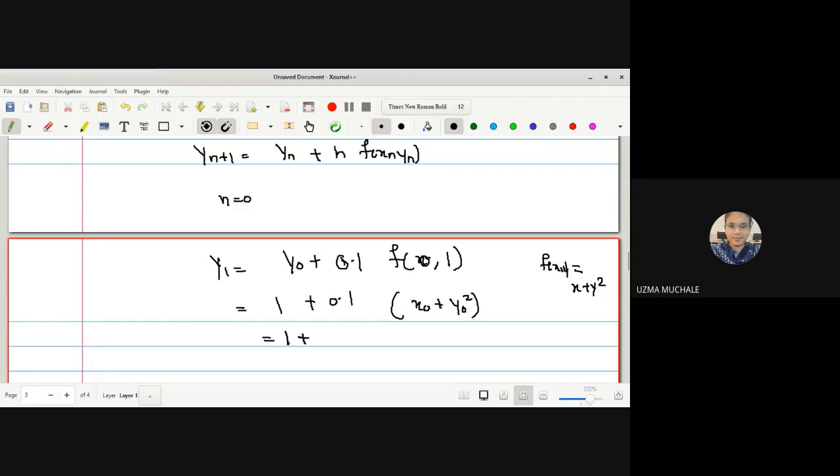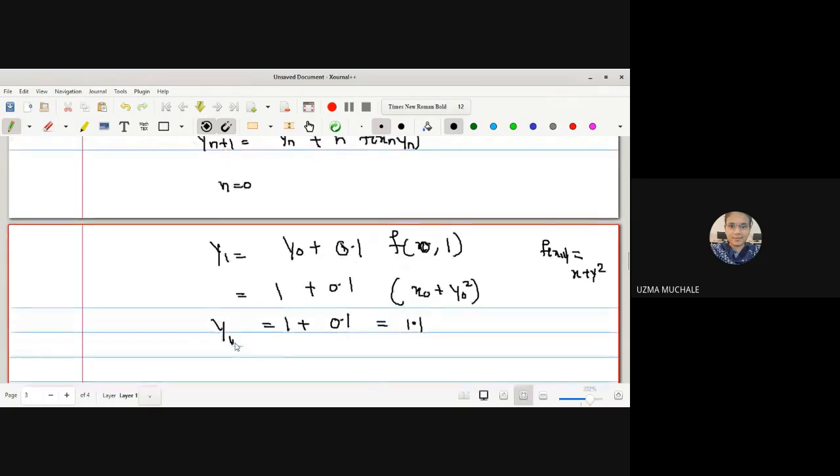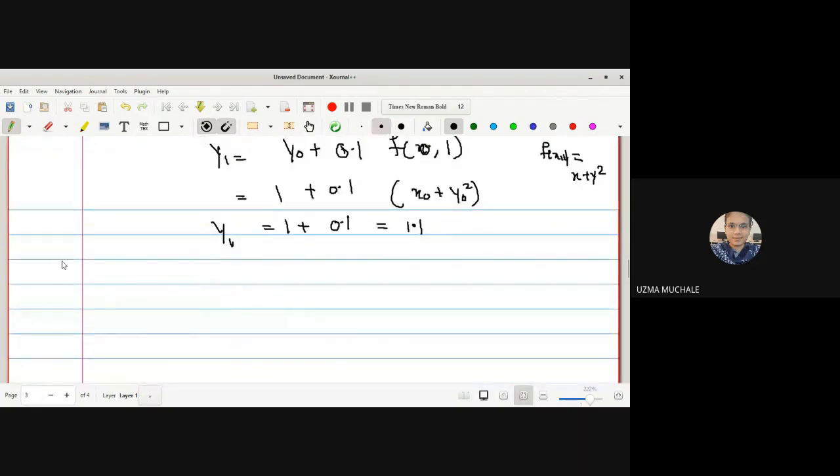X0 is 0, y0 is 1, so y0 square is 1 square, plus 0, that is 1. Hence we get the resultant value of y1 as 1.1. So corresponding to x1 equal to 0.1, we get the value of y1 equal to 1.1.